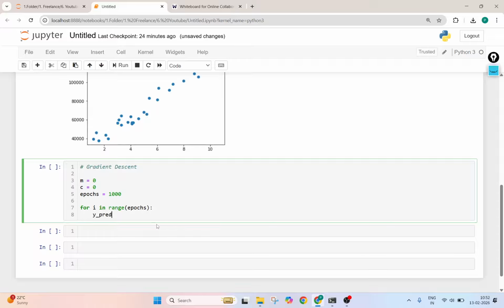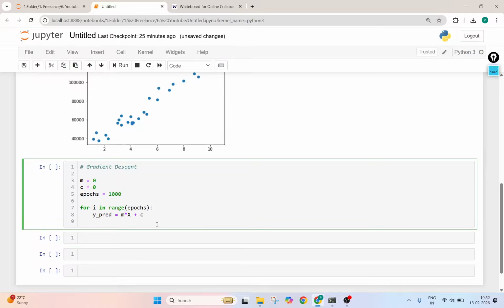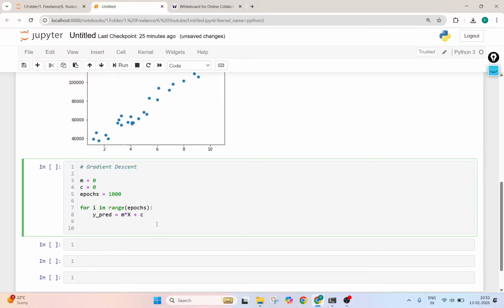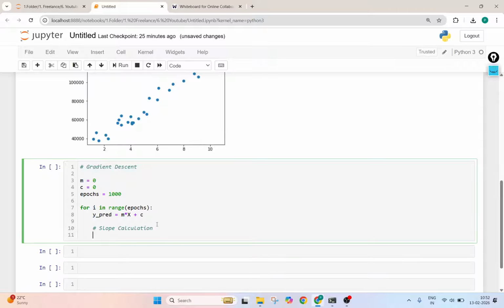Okay, let's give the equation. y pred equals m into x plus c. Okay, this is my general equation of the straight line, right? I have to calculate the slopes, the d cost d theta and d cost d theta 1. So let's write the slope calculation.